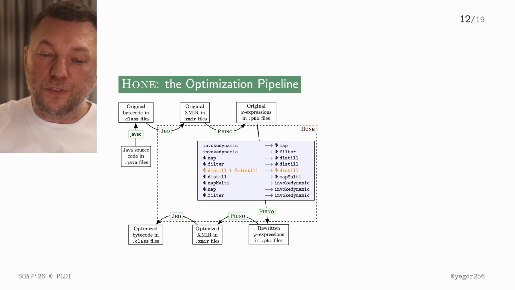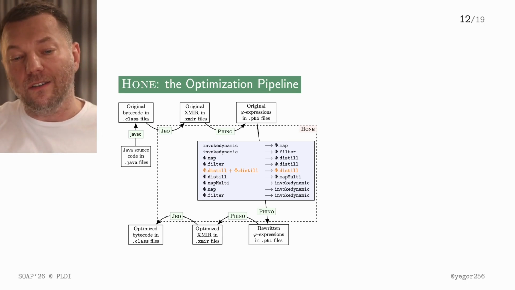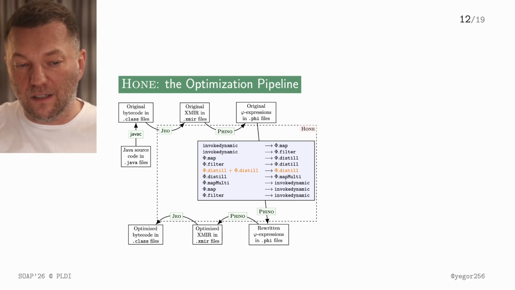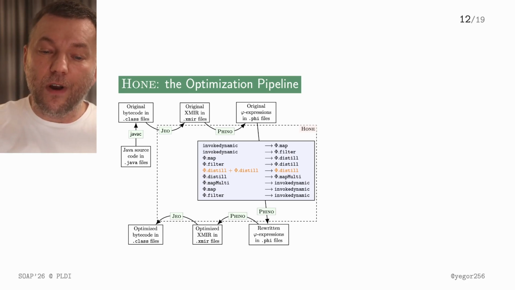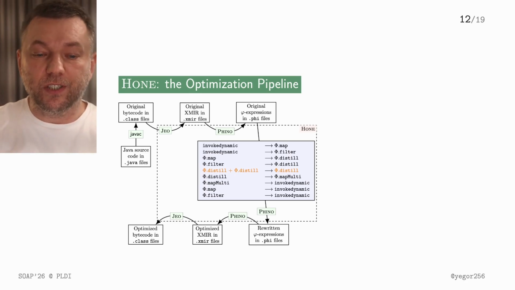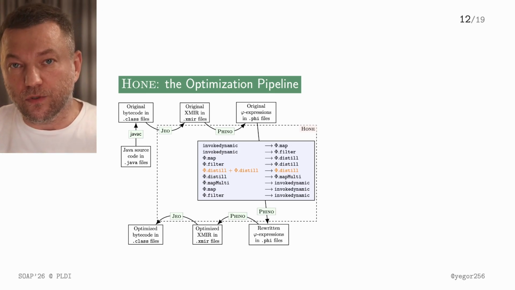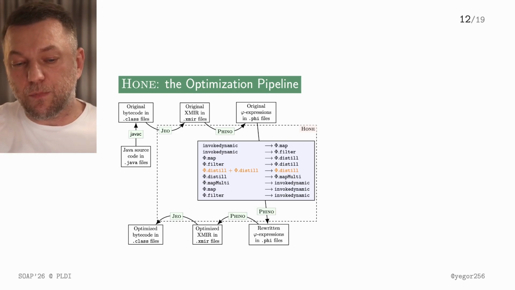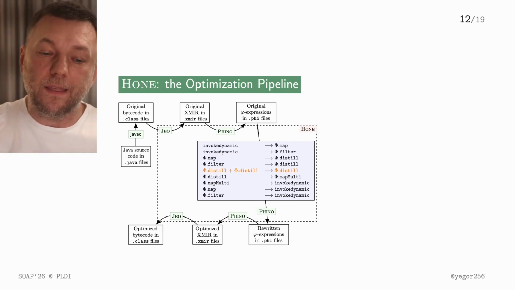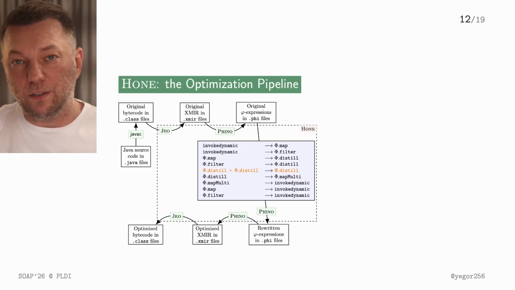Then we convert these phi expressions, which are representing the original bytecode, to a different phi expression through a number of optimizations in form of rewriting rules. We get to a new phi expression, and then from this expression we go back to XML format, and from XML we go back to .class file, which is a bytecode file.